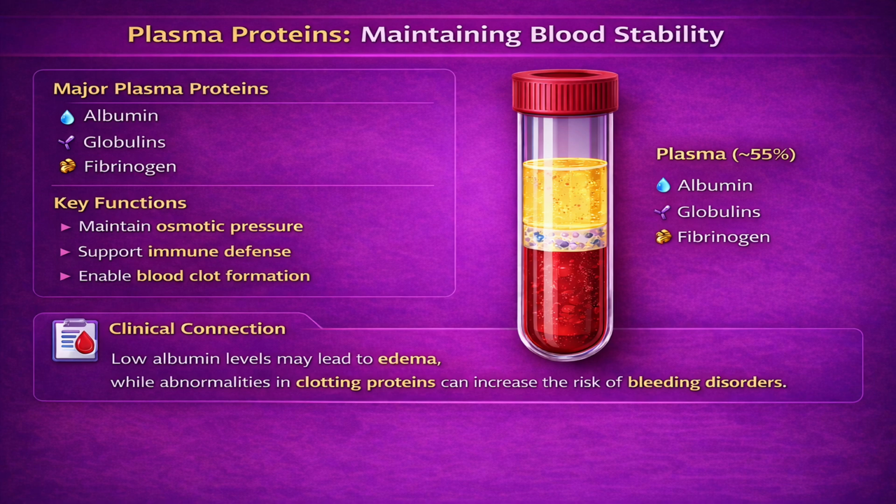So understanding the functions of plasma proteins provides important insight into how the circulatory system maintains fluid balance, immune protection, and hemostasis. Clinically, low albumin levels may lead to edema, while abnormalities in clotting proteins can increase the risk of bleeding disorders.